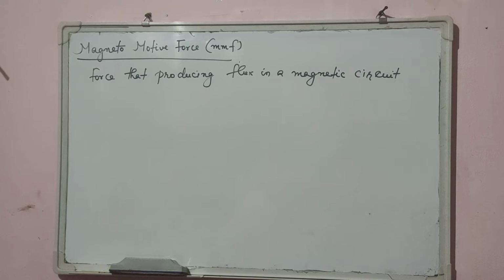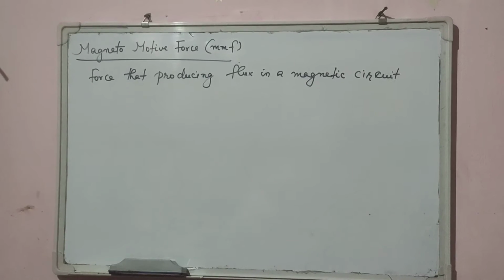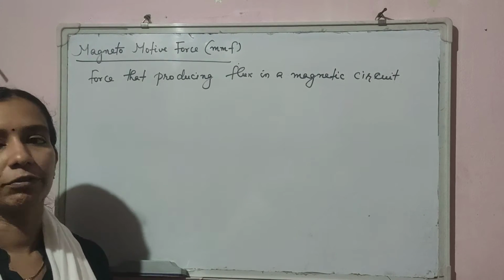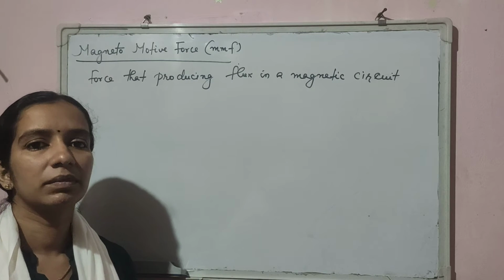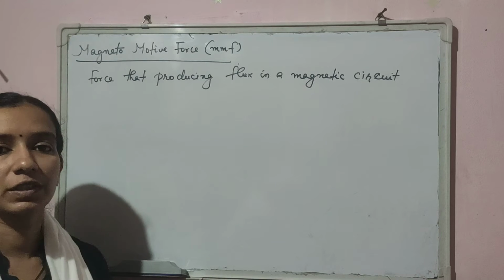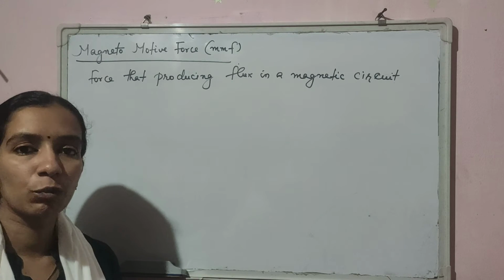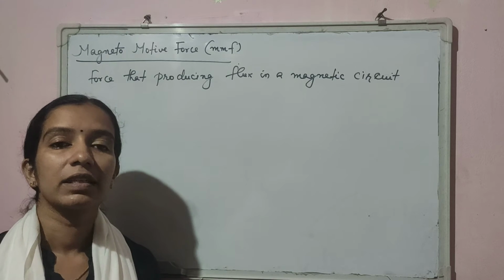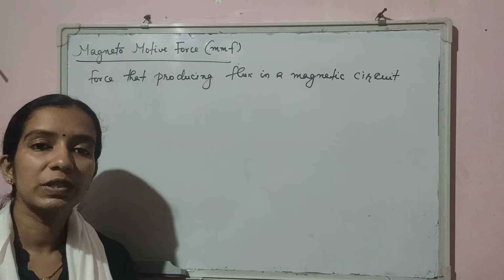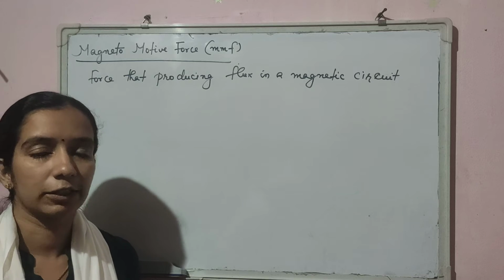So the next term is magnetomotive force, abbreviated as MMF. So we have seen a similar term in case of electric circuits, that was EMF, electromotive force, and we have defined EMF as the force that produces current in an electric circuit.